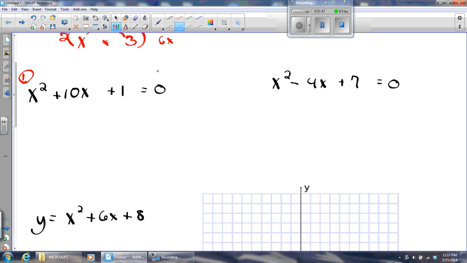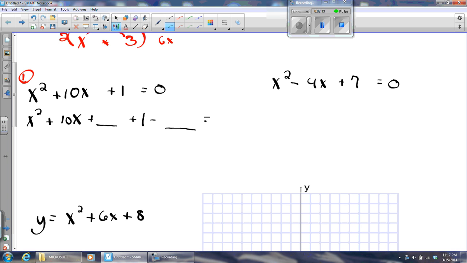But watch this. I'm going to rewrite this as x squared plus 10x, and I'm going to put a little blank here in the middle of the problem. I've got my plus 1, and I'm going to put another little blank here, only I'm going to put a minus blank.